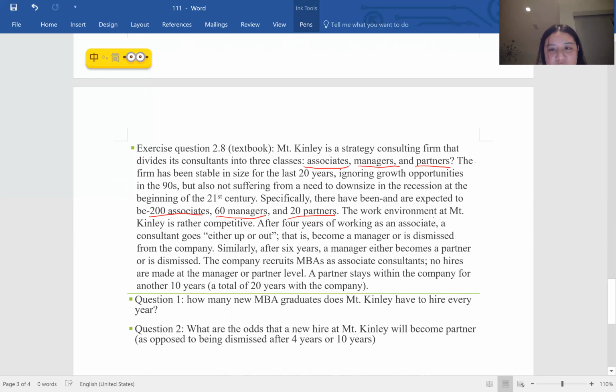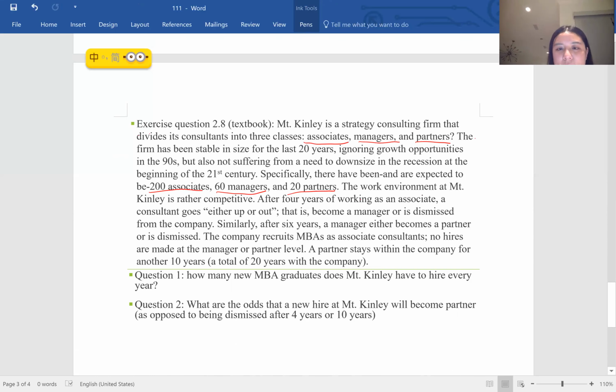The work environment at the company is rather competitive. After 4 years of working as an associate, a consultant goes either up or out. That is, they become a manager or are dismissed from the company.